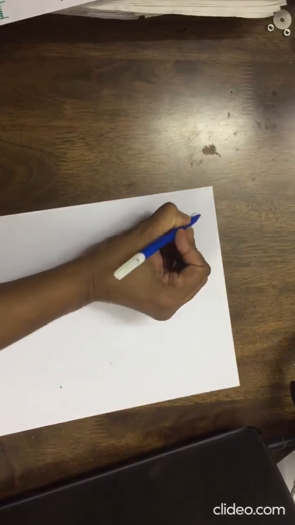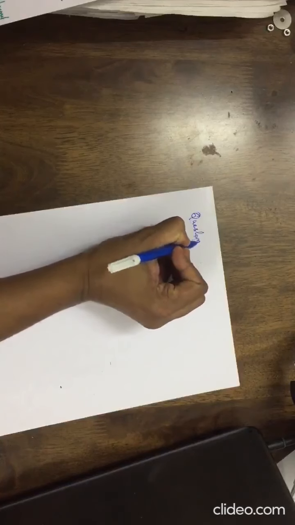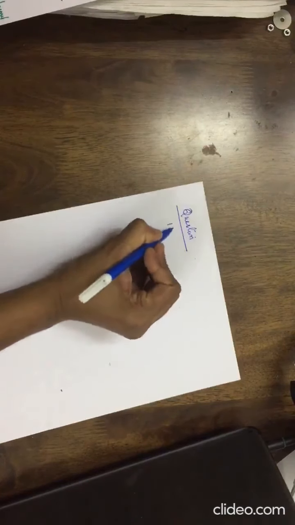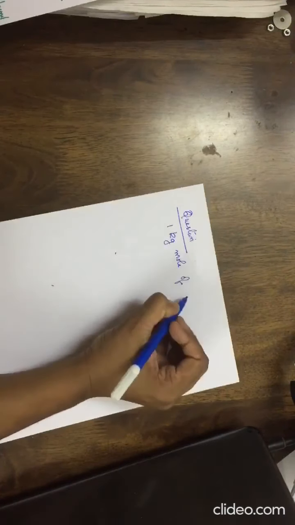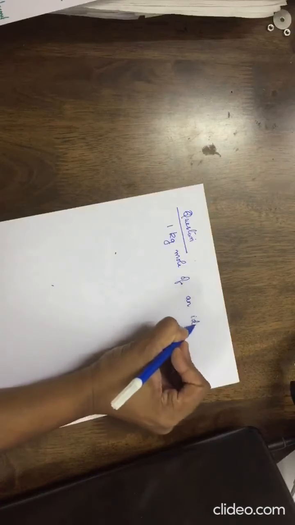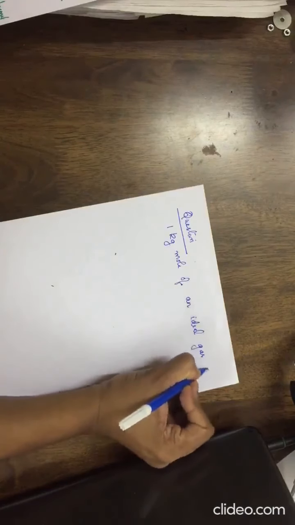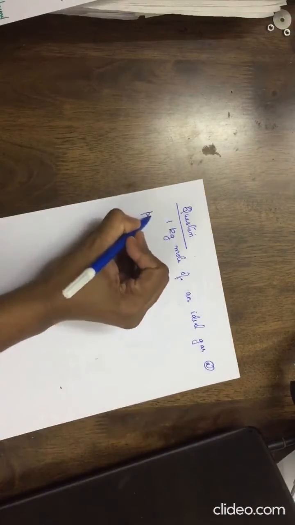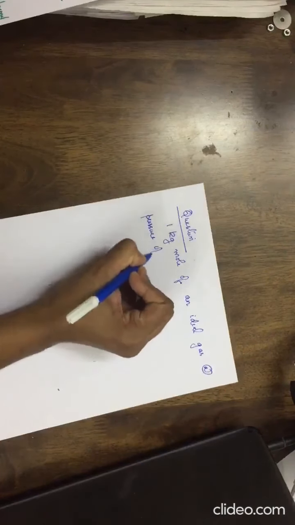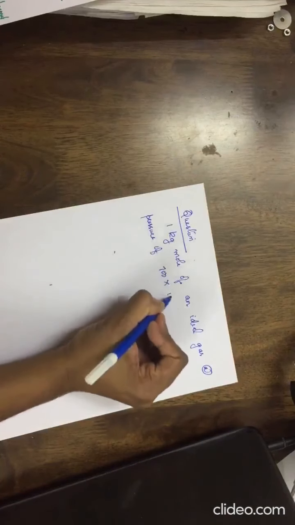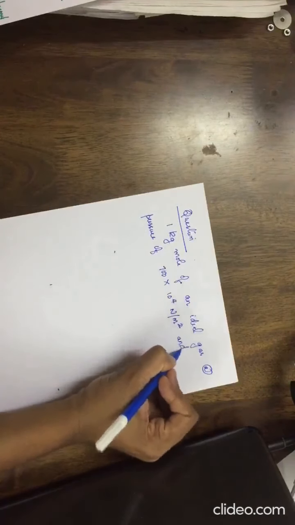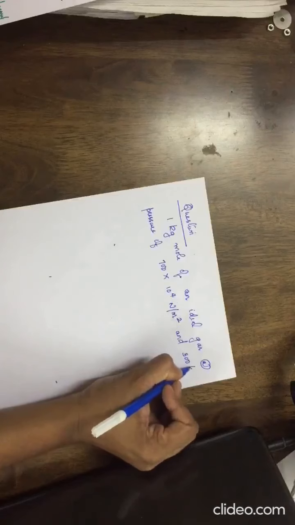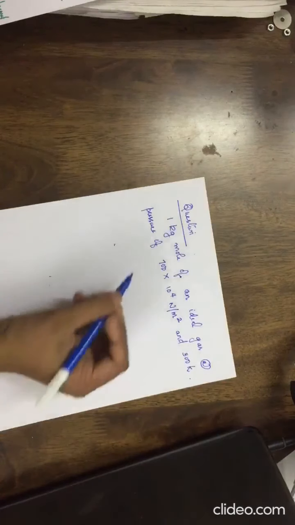Okay, so the question is: one kilogram mole of an ideal gas at a pressure of 700 into 10 power 4 Newton per meter square and at 300 Kelvin is confined in a piston cylinder assembly as shown here.